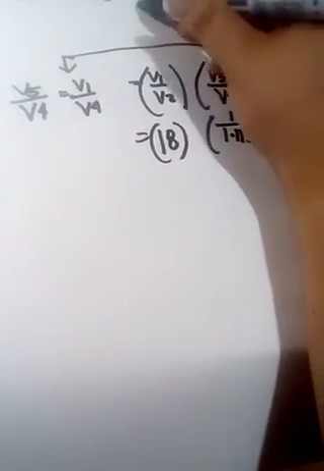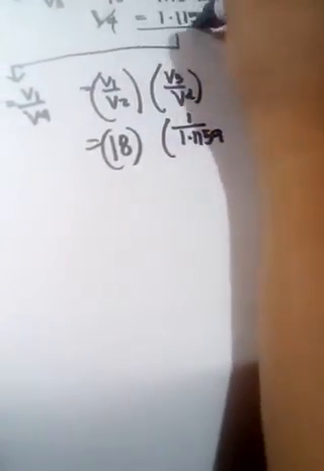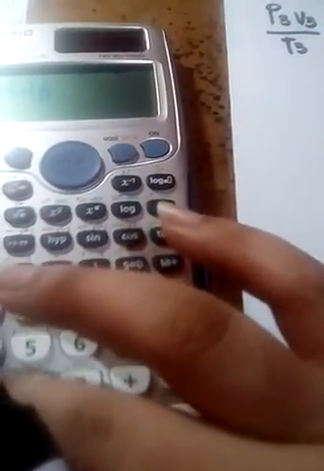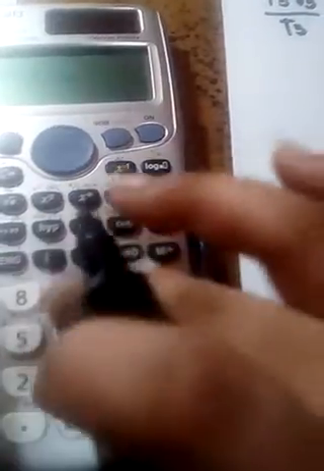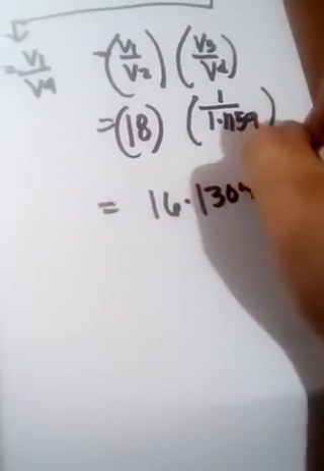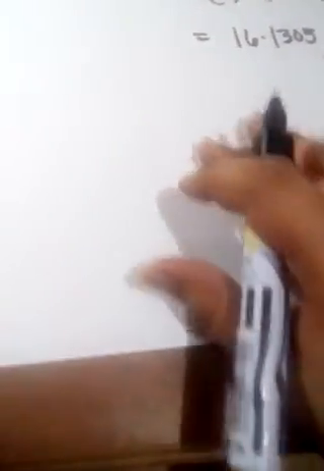So the answer for this is 18 times 1 over 1.1159. Yeah, the answer is 16.1305. Here. Next is 4.